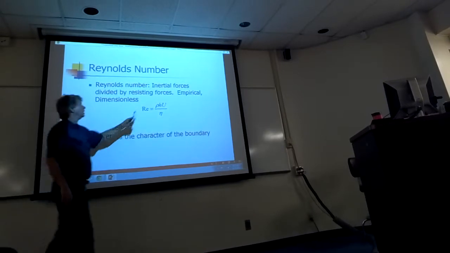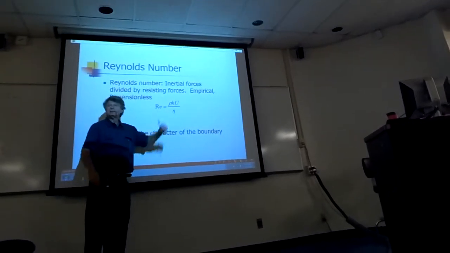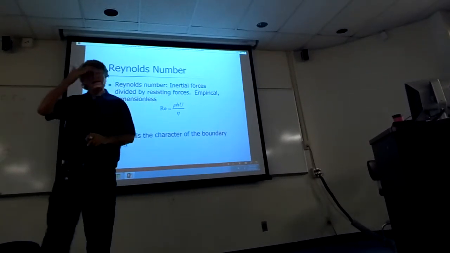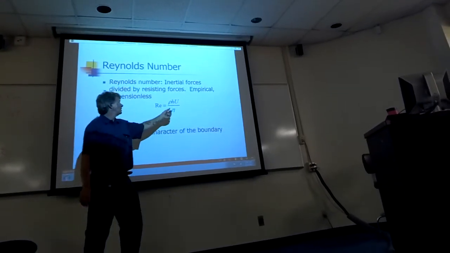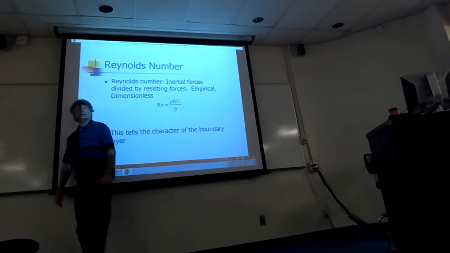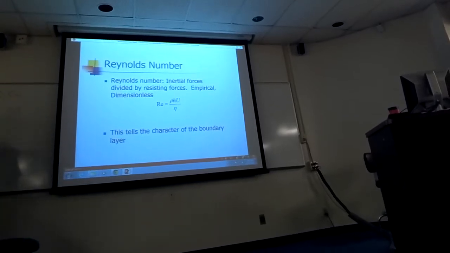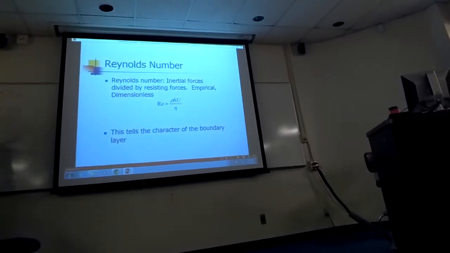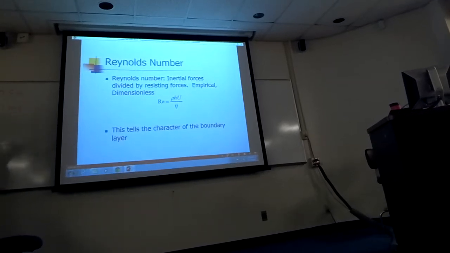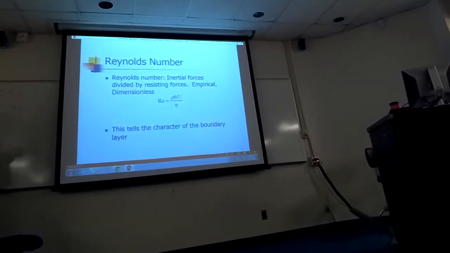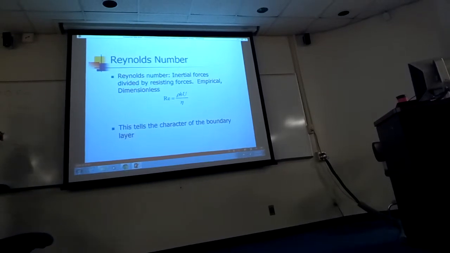What's rho here going to be? 1,000. And this will be 1.06 times 10 to the minus third, which is 0.00106.